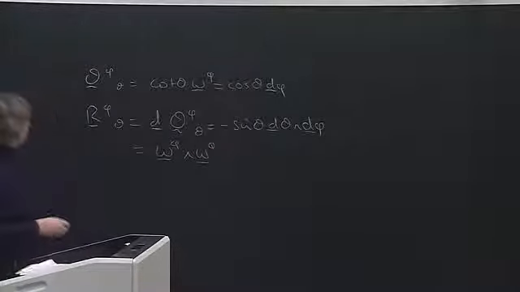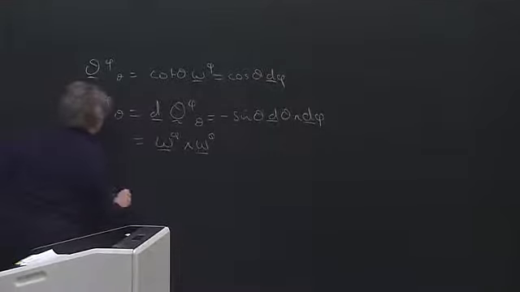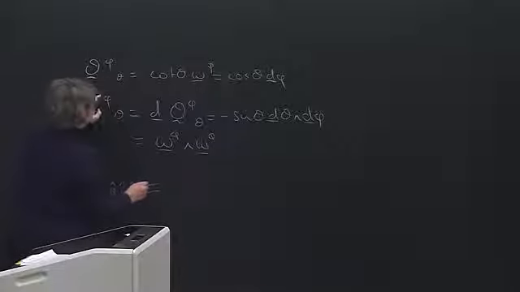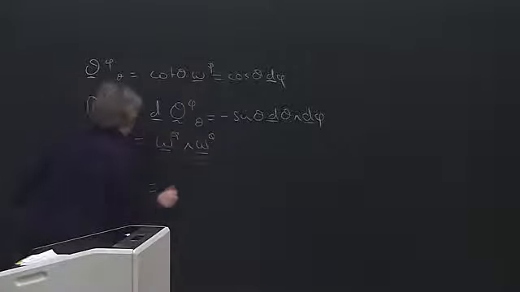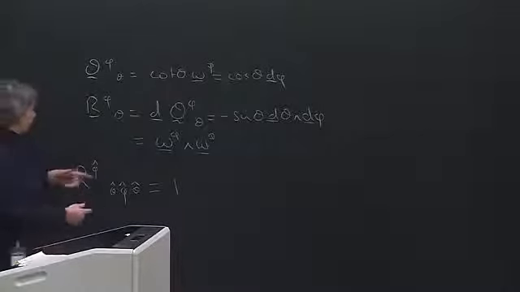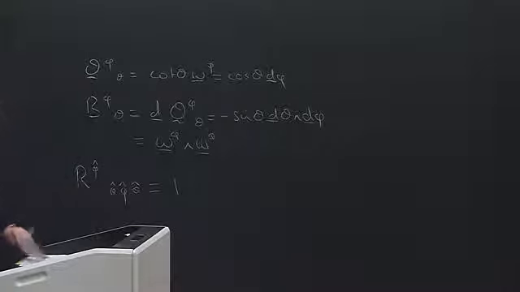So that means I can read off, and I'm just going to put hats over here to emphasize this is in the orthonormal basis, though actually for this example it doesn't matter, that R phi theta is equal to 1. And then you get the other components by the symmetries of the Riemann tensor.